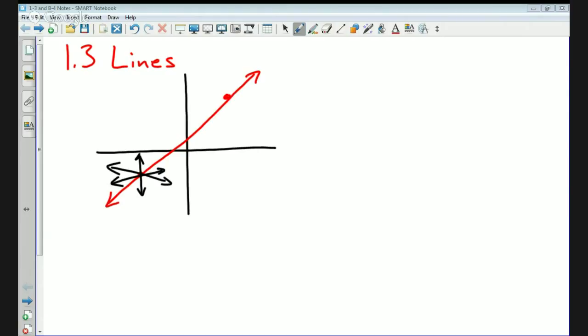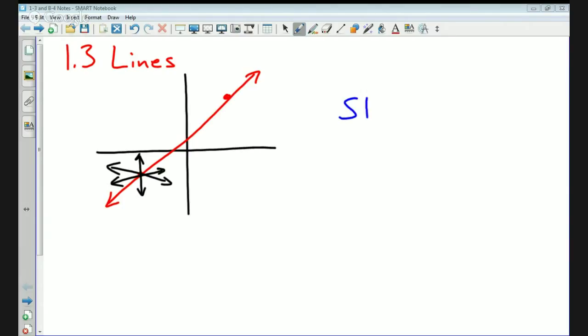Now, once you get those 2 points and put the line in play, one of the big concepts with lines is that you want to start looking at the slope. You're describing a line to somebody else in mathematical terms. Slope is going to be one of the first things that you're going to use to describe it.